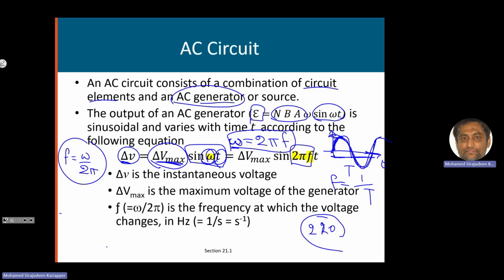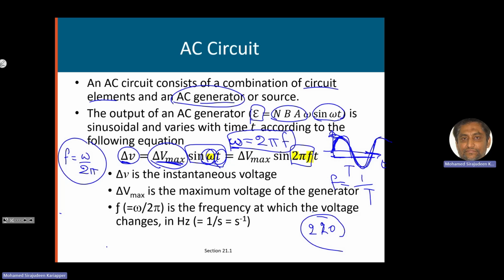Why does it matter if I put some machine at 110? Suppose an appliance is designed for 110 volt. If you put it into our 220 volt, it will burn, because it will draw a big current and malfunction. So you have to be careful.